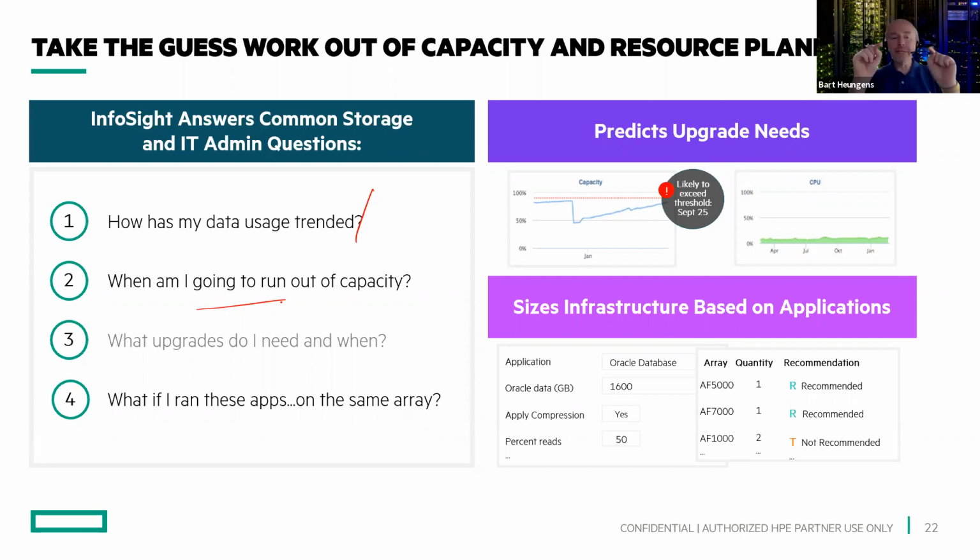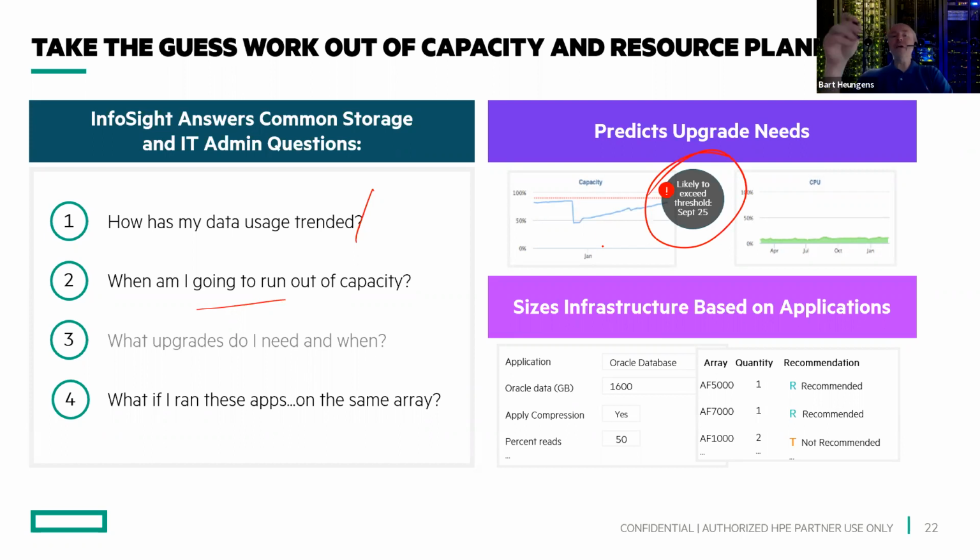Yes, you can calculate this with InfoSight, because in InfoSight there are online calculators to say, guys, this is my workload. What if I add 20%? What if I add 20% every year from now? When will I arrive at the threshold where I will need to add servers, storage, or networking? So it will predict your upgrade needs as well.